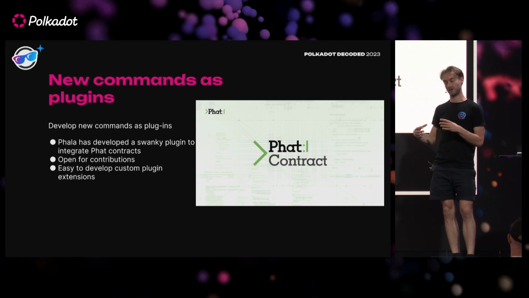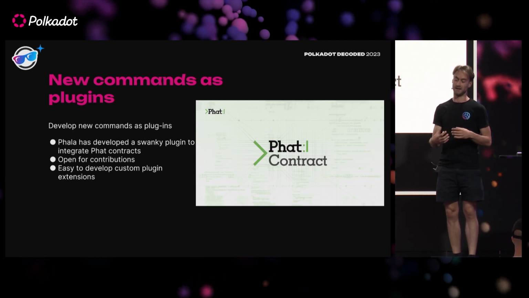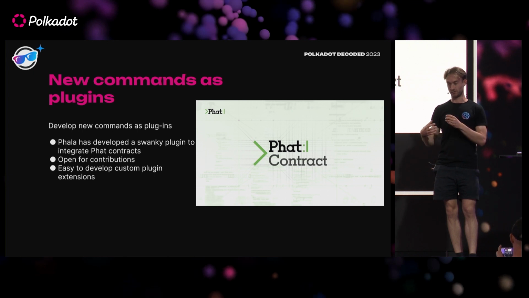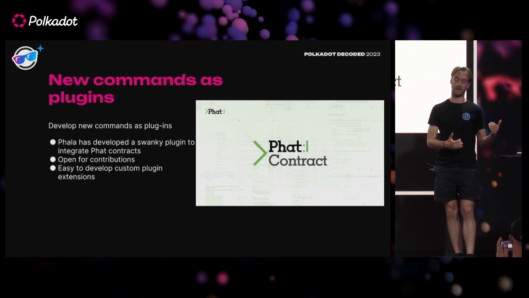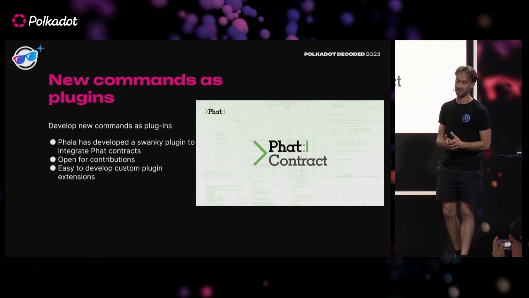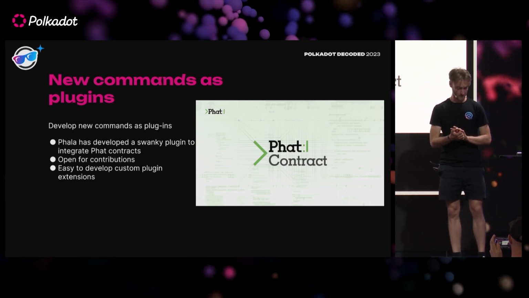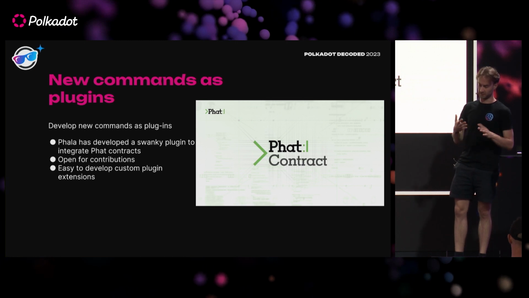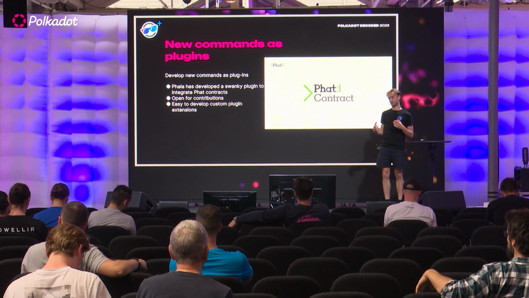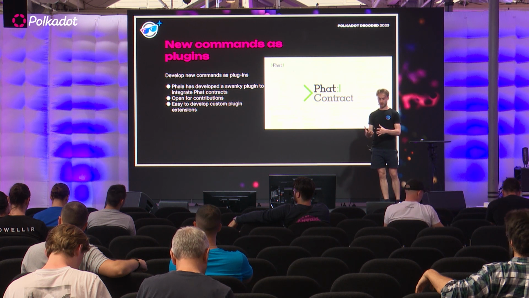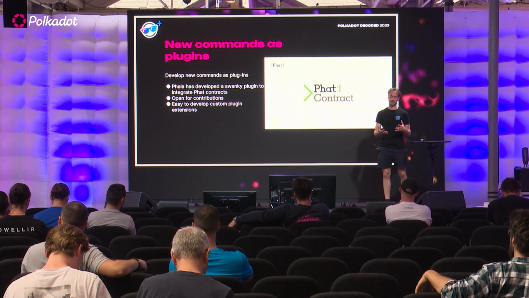So basically, they created new commands added as a plugin. And the users that want to use Swanky, they download Swanky, they install their plugin, and then they can use Swanky with their fat contract. So this is a message for every parachain that wants or plans to have pallet contracts. We are open for contributors. And also, if you have a specific use case, you can also add it to Swanky.